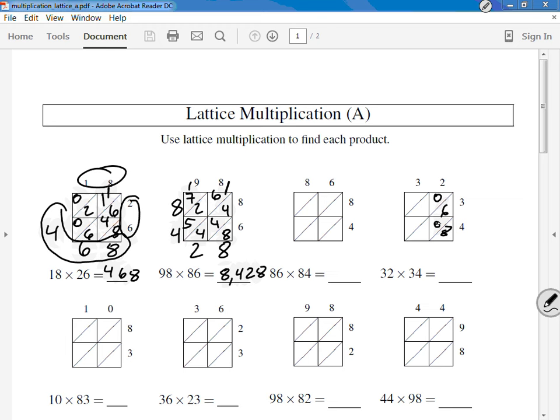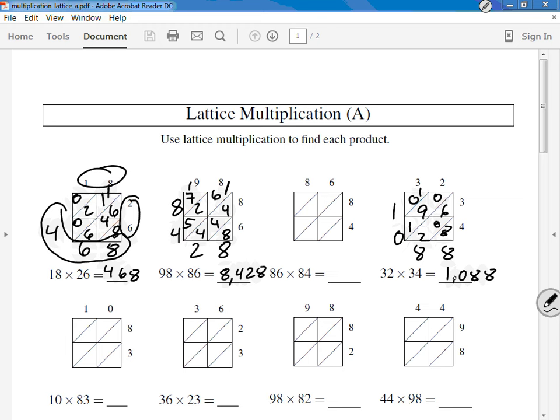Now, the other squares, how much is 3 times 3? 9. And 3 times 4? 12. So I'm just going to add. I know this 8, I leave it as an 8. How much is 6 plus 2? 8. How much is 9 plus 1? 10. And then 1 plus 0, it's 1. So 32 times 34, I'm going to say it's 1,088.